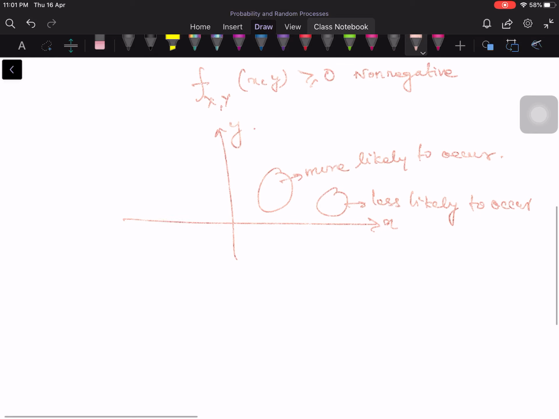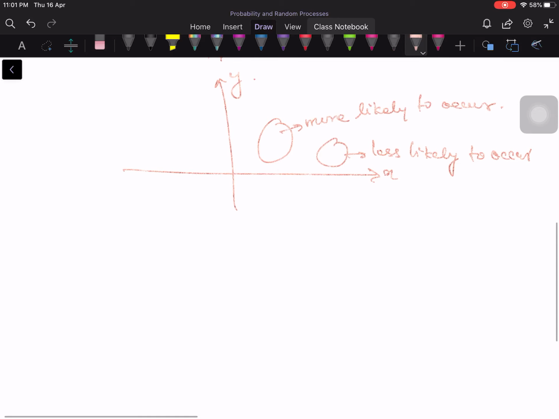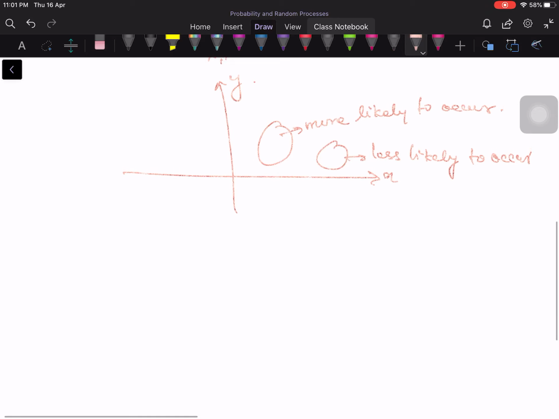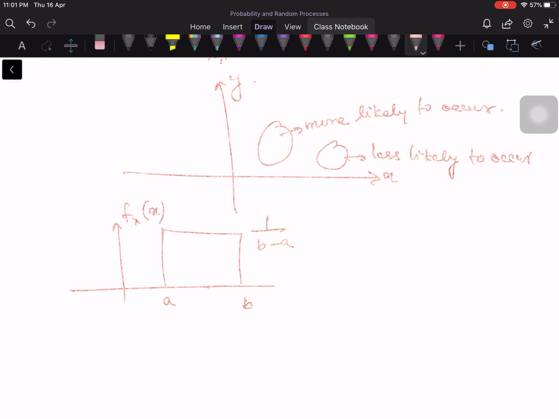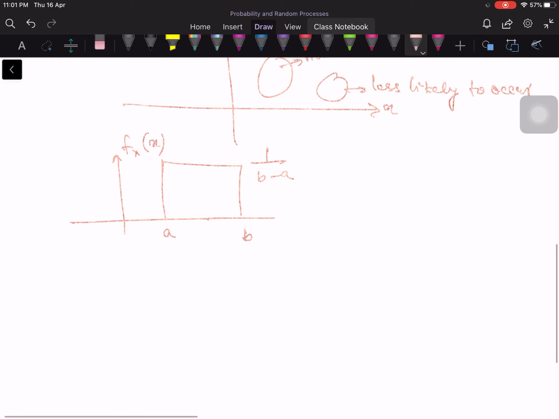And we have already seen one example in the one-dimensional random variable. That very famous and elementary example is the uniform random variable, where the density is 1 over b minus a, from a to b. This is f_X of x. The same kind of example we can develop in a two-dimensional random variable also.